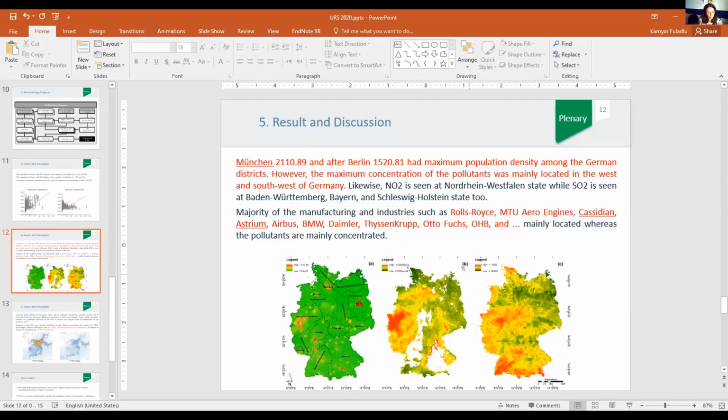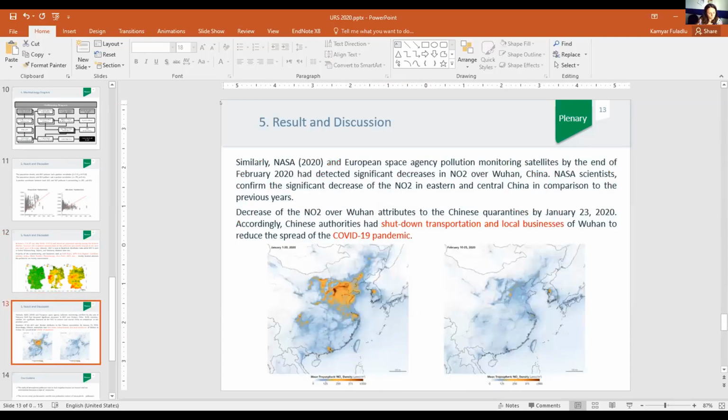So we can say that these pollutants are not closely related to population density, but are mainly related to manufacturing.